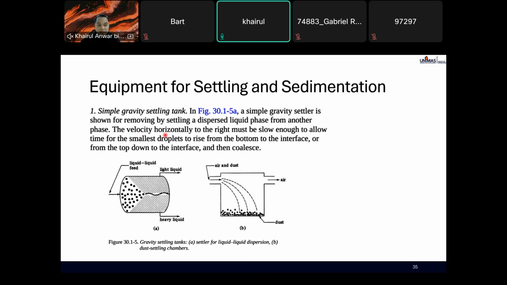The velocity horizontally to the right must be slow enough to allow time for the smallest droplet to rise from the bottom to the interface, or from the top to the interface, and then coalesce. This is for the liquid. This is liquid dispersion.